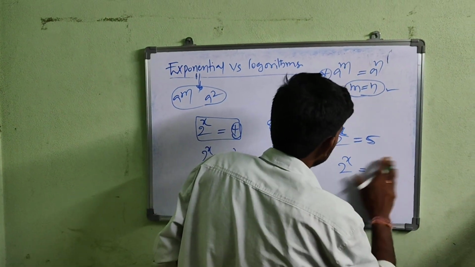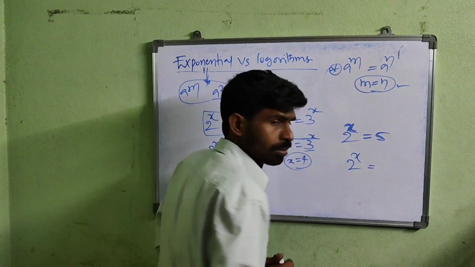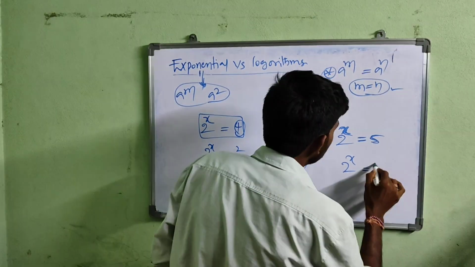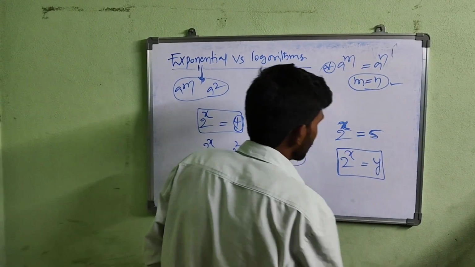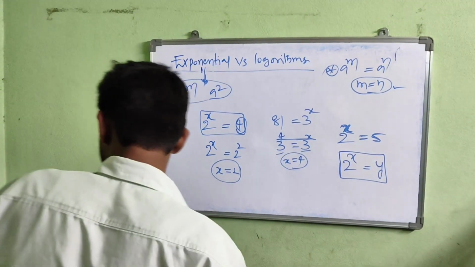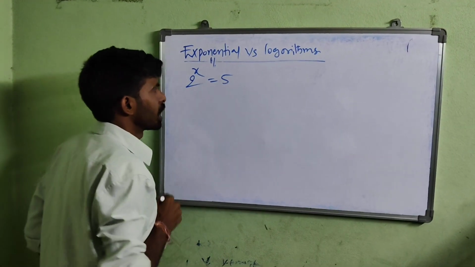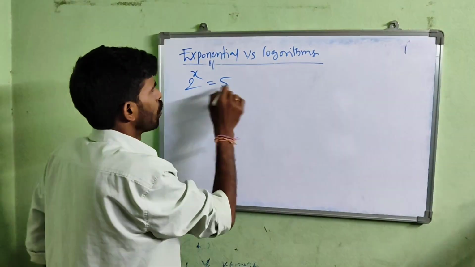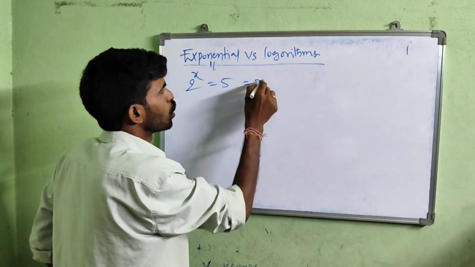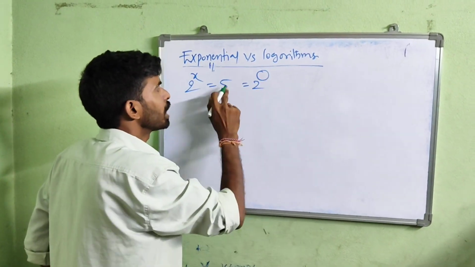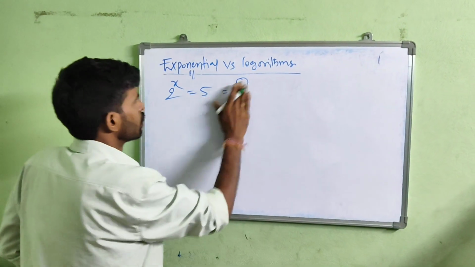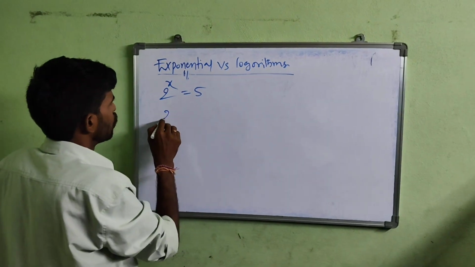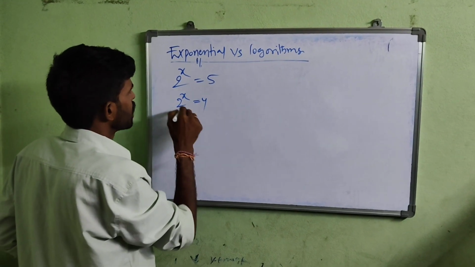Here, 2 power x equal to, we take it as y, for example. 2 power x equal to y. I am taking y equal to 5. For that, 2 power what value will we get 5? We don't know. I consider 2 power x as y.